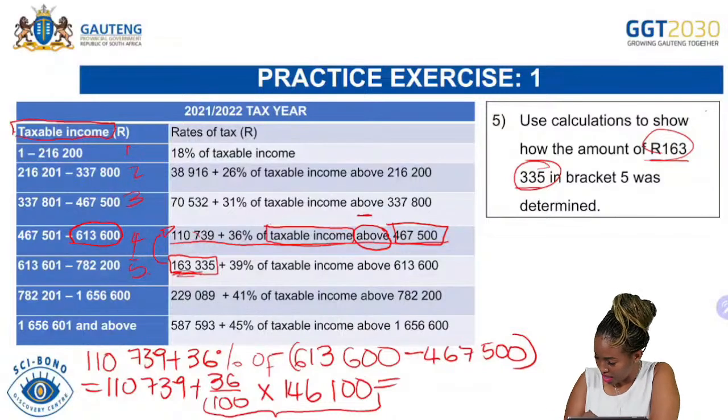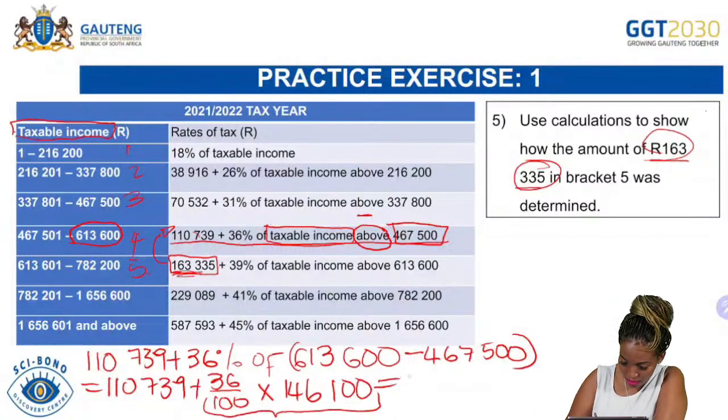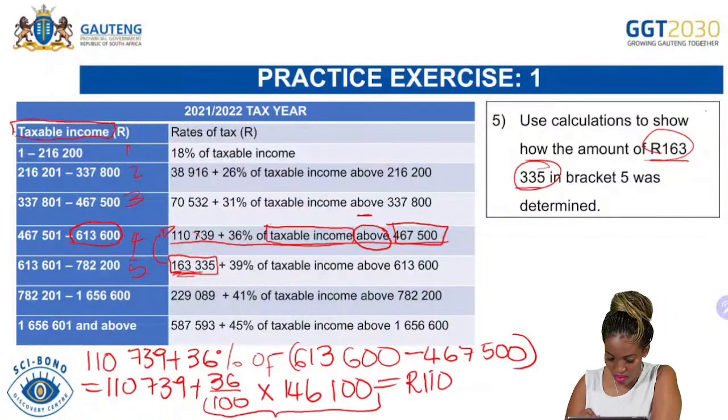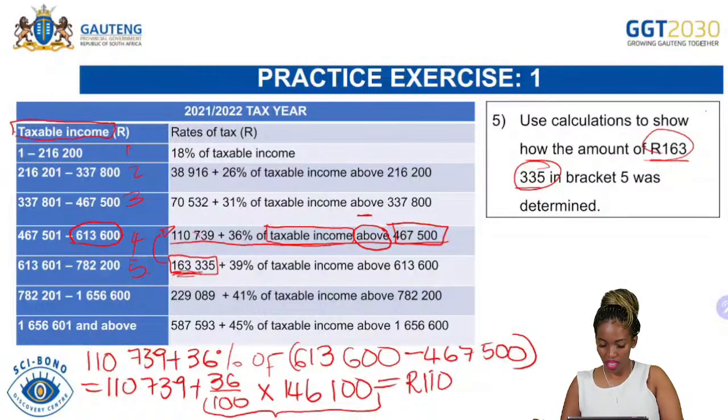110,739, and then the answer that I'm getting there is 110,000. No, I think I made a mistake. Can I just quickly redo this? It's 110,739 plus 36% of 146,100.